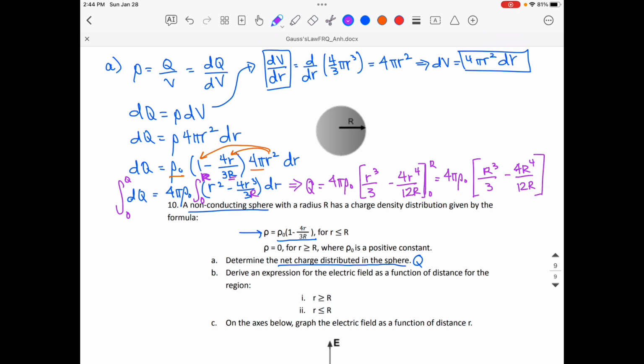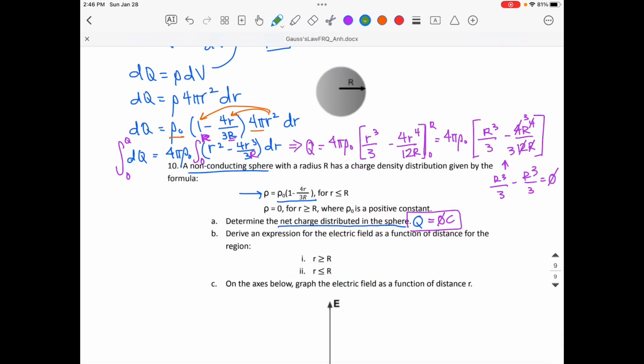And then I notice that this reduces to 3, this reduces to 3, and I end up with R cubed over 3 minus R cubed over 3. That equals 0. So, believe it or not, the charge is equal to 0 coulombs when we get the total charge distribution on the sphere. Now, all that means is that I have some positive charges within the sphere and some negative charges within the sphere, and they all balance out.